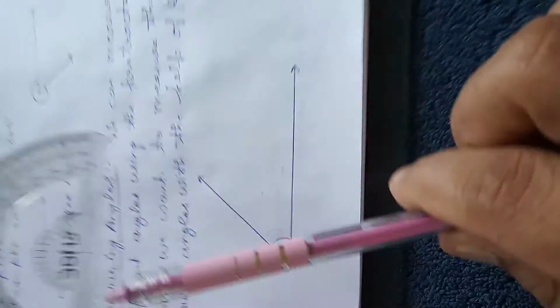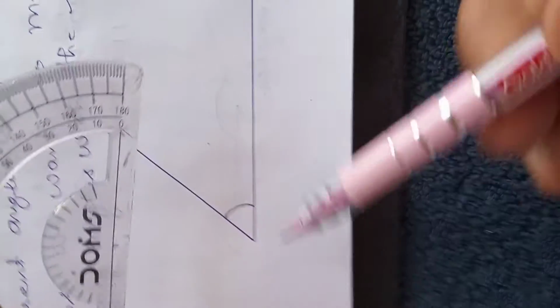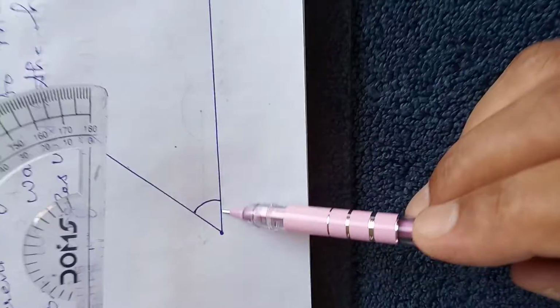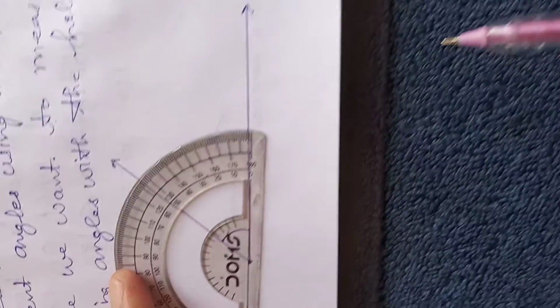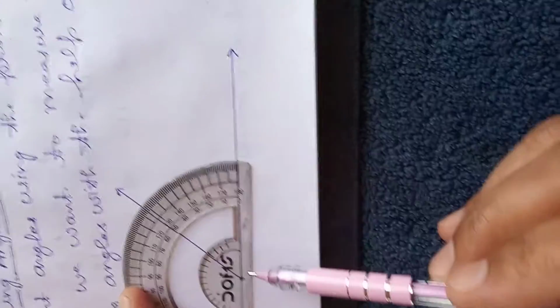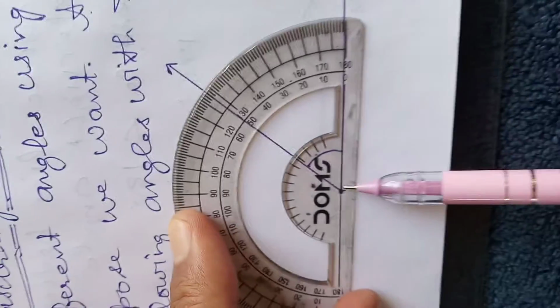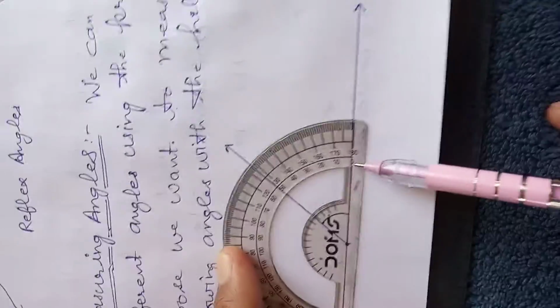First you put this point of the protractor at the vertex of the angle and coincide this baseline with this arm of the angle, just like this. Our arm of the angle is coinciding with the baseline of the protractor, and you see this is the 0.